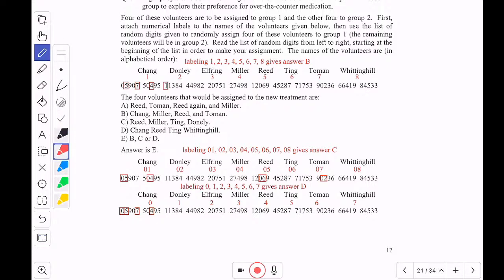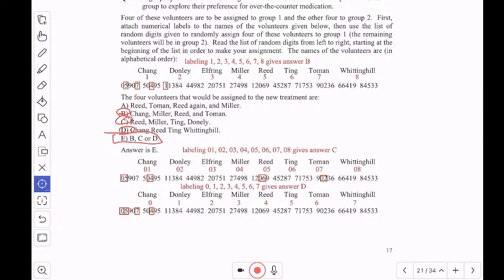I get answer D. So these are all correct, so the best answer is E. In a test situation, I won't expect you to do that unless I'm a little more explicit about the possible answer. The fact is, without giving you instructions on how to label, like label the first person in the list with a 1, without that kind of instruction, all of these are acceptable answers.